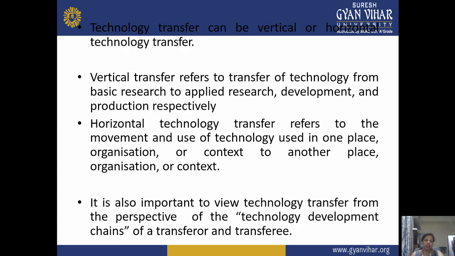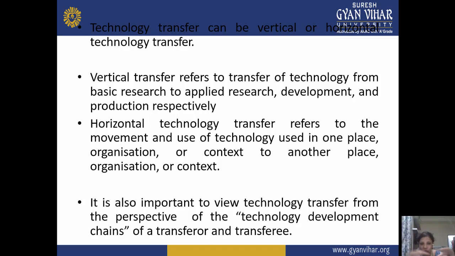Now the second one is the horizontal transfer. Horizontal transfer refers to the movement and use of technology used in one place, organization or context to another place, organization or context. That is, if we are transferring the technology within a single manufacturing unit, from QC to QA department, from one company's plant to another company's plant, or from one organization to another, we are not changing the batch size here.